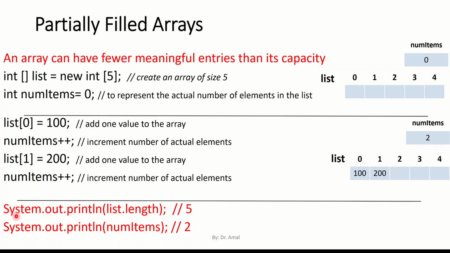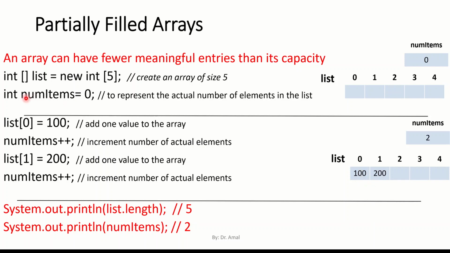So here, if you have System.out.println(list.length), this is the physical length of the array, which will always be 5. But if you say System.out.println(numberOfItems), this is how many elements we currently have in our array, which in our case is 2, because I have only 2 elements.